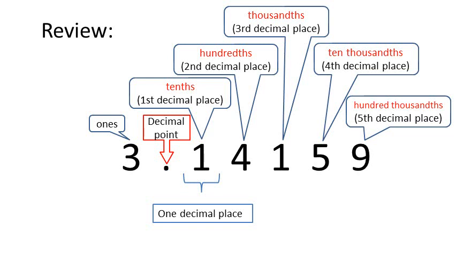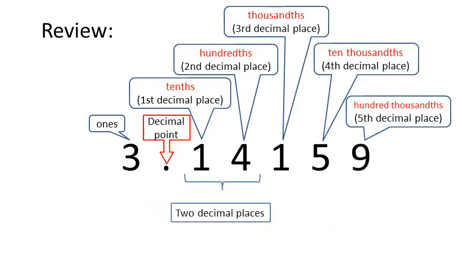In a similar way, the first 2 digits, which is 14 in this example, from the decimal point is called 2 decimal places. If you want to approximate a decimal with 2 digits after the decimal point, we say round it to 2 decimal places, or round it to the nearest hundredth.